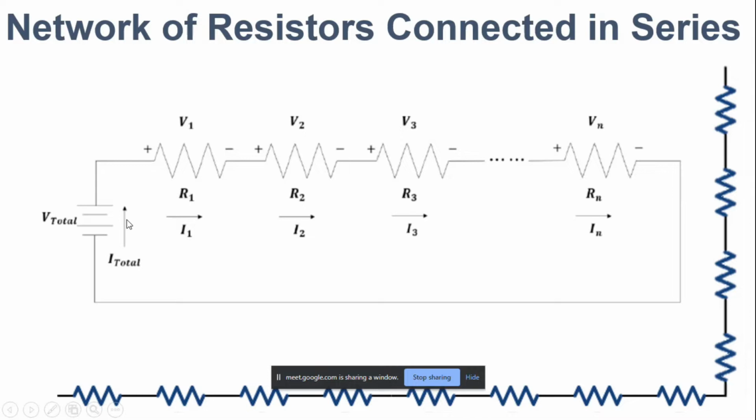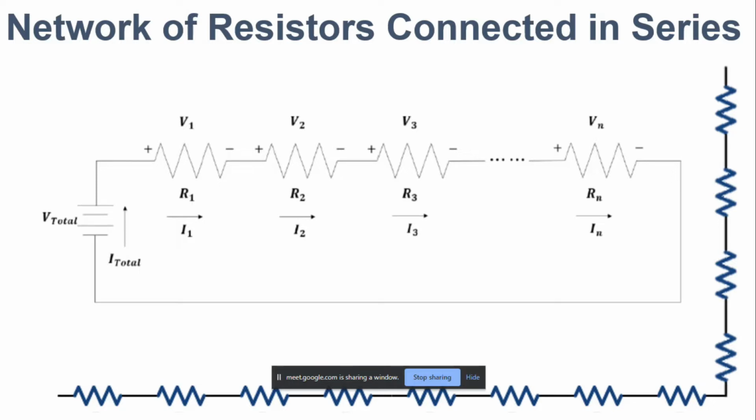So that means, say for instance, given this particular network of resistors connected in series, whatever will be our I subtotal will also be the value of our I sub 1, I sub 2, I sub 3, and so on and so forth. Tandaan po natin, if resistors are connected in series, yung mga current, pare-pareho lang po.